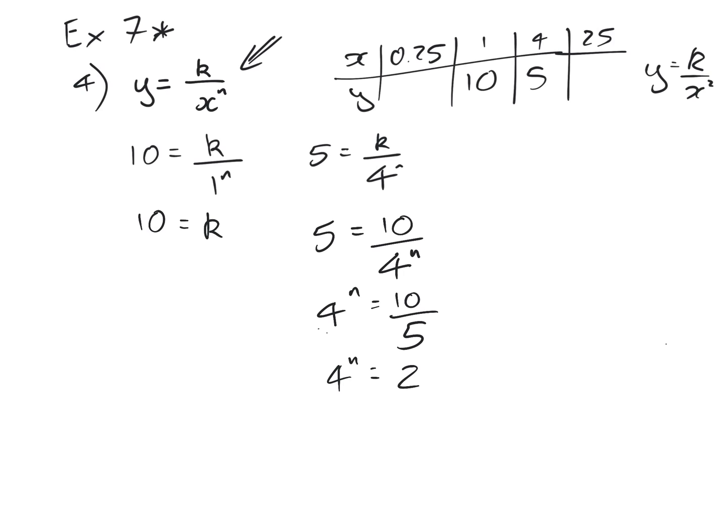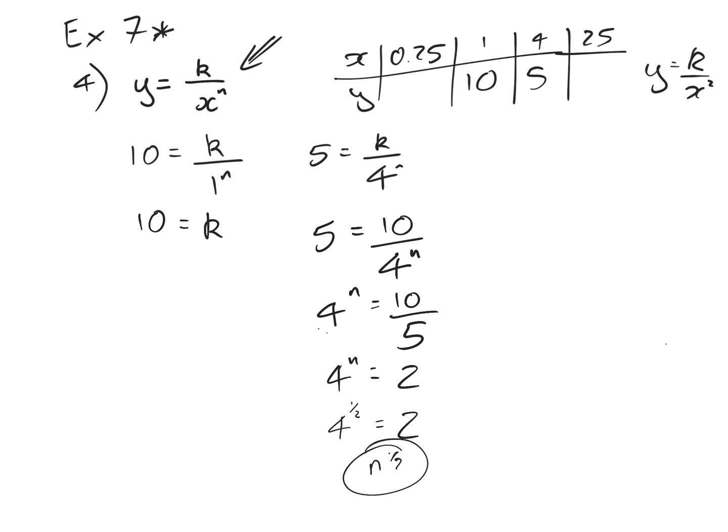Well, actually, some people worked it out, some people did it by trial and error, other people asked people. And it's actually 4 to the power a half. It's the opposite of squaring is square rooting. The opposite of to the power 2 is to the power half. Now, we will do a lot more work on that. So 4 to the power half is 2, and therefore n is a half.